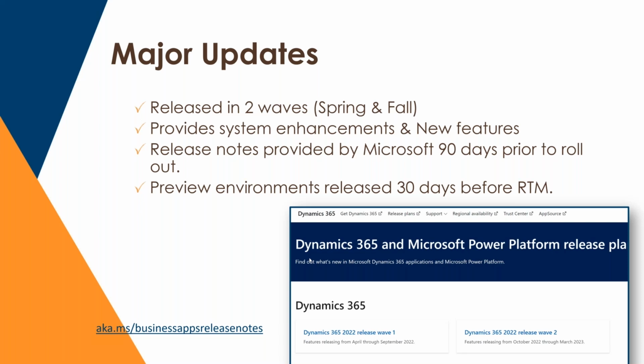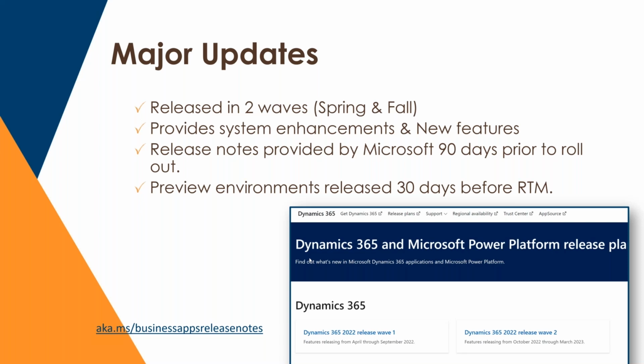You can access those release notes from a Microsoft link at the bottom left corner of my screen, aka.ms/WAC Business App Release Notes. It will take you to the Dynamics 365 and Power Platform release page, as you can see from my screenshot here, and you can read the release notes that are coming out with the next major version of all the Microsoft Dynamics 365 and Power Platform products, and that includes Business Central.